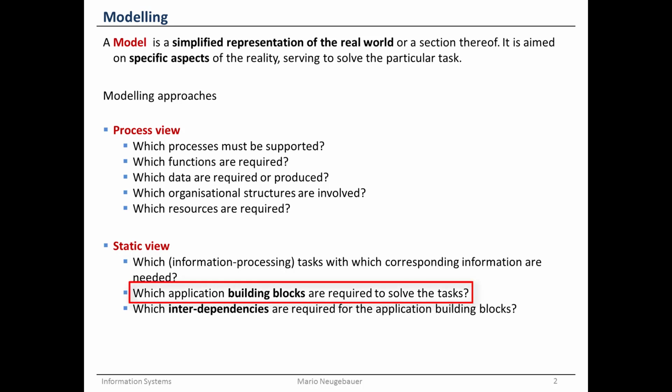The second question refers to the application itself. If you analyze the application regarding the architecture, so to say, then you might identify building blocks which might specialize on certain tasks, or which might specialize on certain locations where they are executed.